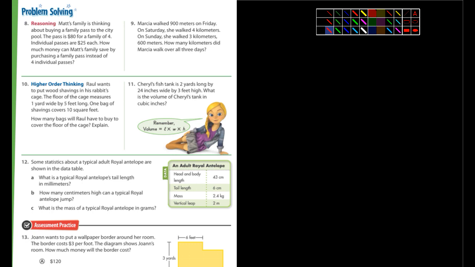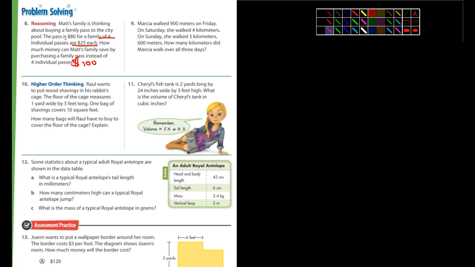Well, that right there tells you that the family pass would save them money. So an individual pass is what? $25 each. And there's how many in Matt's family? A family of 4. So that's going to be $100 if they each bought one.